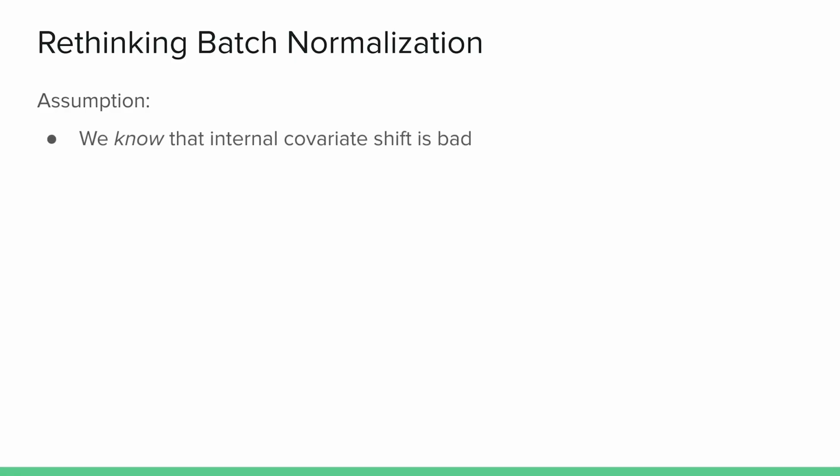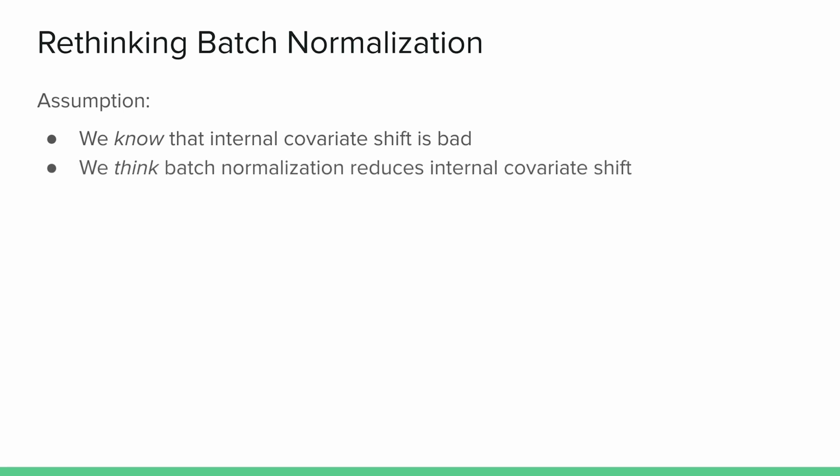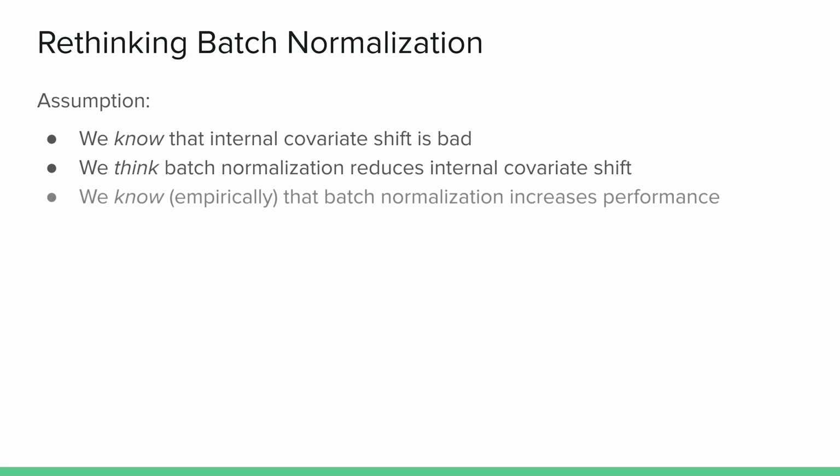Interestingly, batch normalization has seen quite some controversy because people thought that it was combating this internal covariate shift. So the assumption was, well, we know that internal covariate shift is bad. We think that batch normalization is reducing that, and we know empirically that when we train and use batch normalization, the performance increases.